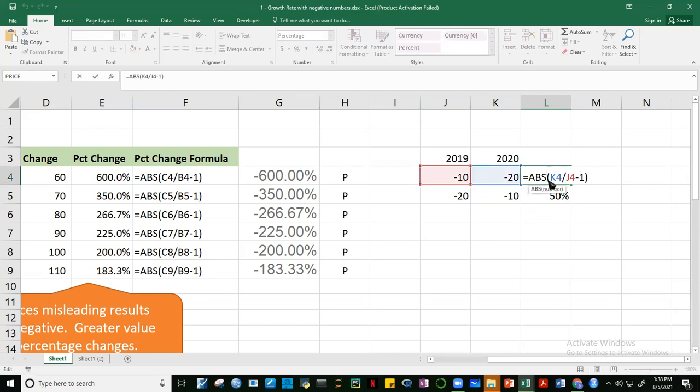Wait. -10 to -20, dapat ano siya? Dapat, wait, sorry. -20 divided by -10 minus 1. So this is wrong, guys, no? This is wrong. Kasi dapat nag-decrease eh.